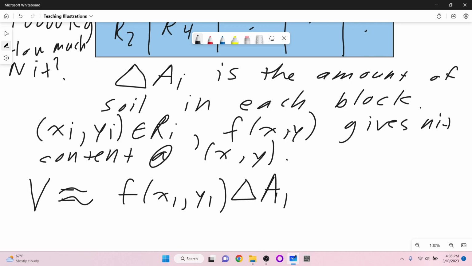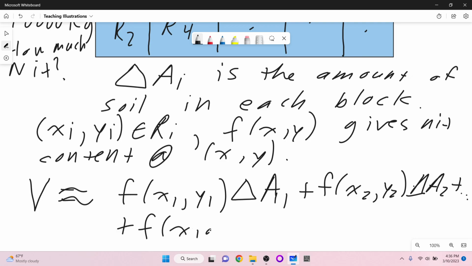Okay, and f is the percentage, not the total amount. Plus f of (x2, y2) times delta A2, plus dot dot dot, plus f of (x10, y10) times delta A10.